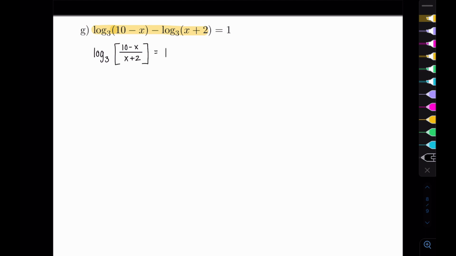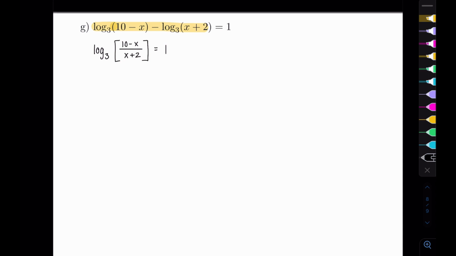And now I have a single log equation that I can put into exponential form. So our base is 3. Our answer is 10 minus x over x plus 2. And our exponent is 1. Right? So really 3 to the first is just 3. This is 3 is equal to 10 minus x over x plus 2.